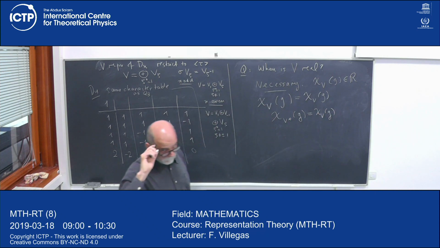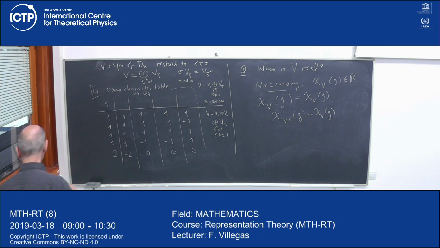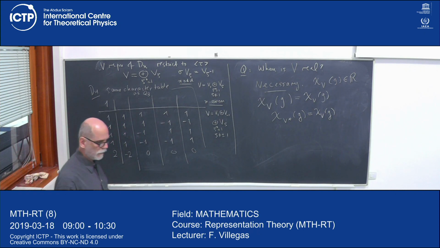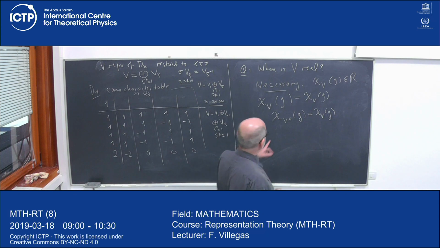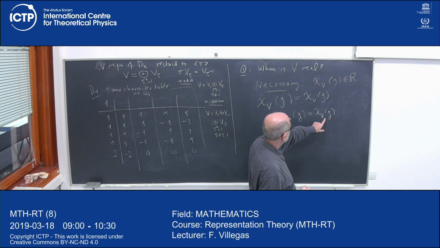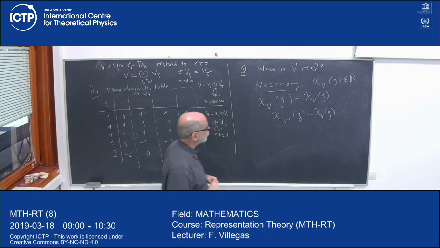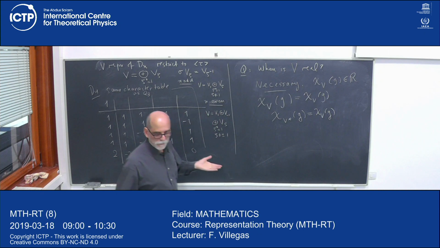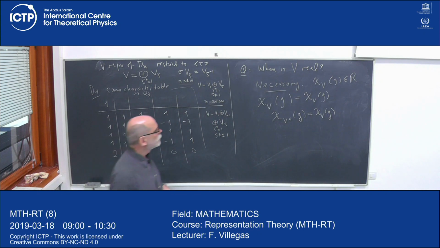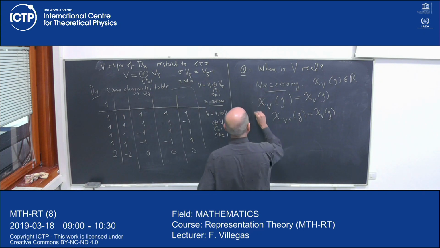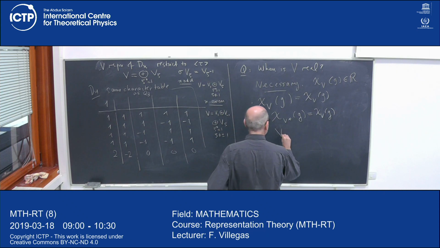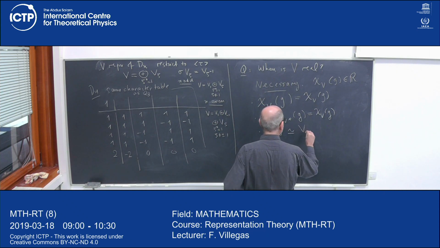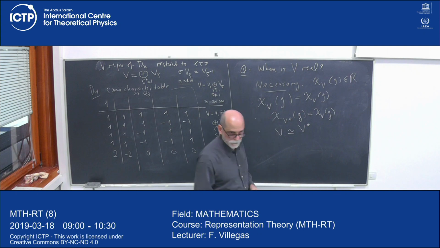So to say that your character values are real is the same as saying that the character of the representation V is the same as the character of its dual. Now, if two characters are the same, then the representations are isomorphic. So all of these are equivalent notions. V is isomorphic to V dual as a representation.